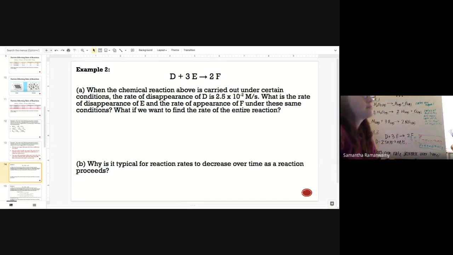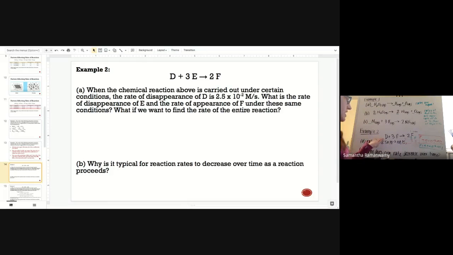Now, the idea of the rate of reaction, I added that in. You're going to notice that you don't have the rate of reaction written in part A. I just wanted to talk about it because I noticed that in one of the practice questions, they asked about the rate of reaction and not the rate of D or the rate of E or the rate of F. To make this the rate of reaction, for 1 D, the reaction runs 1 time.